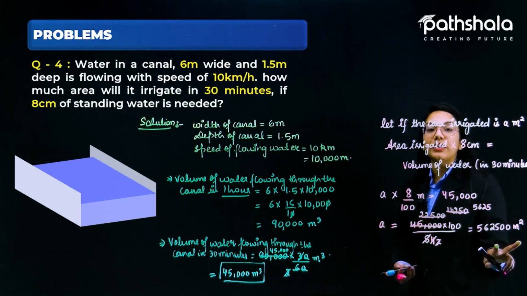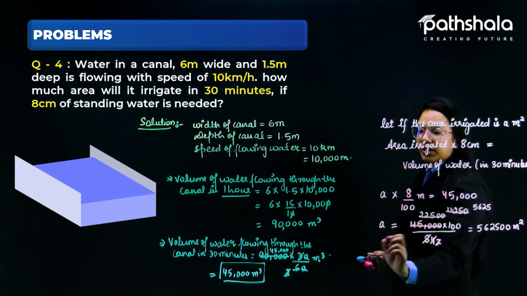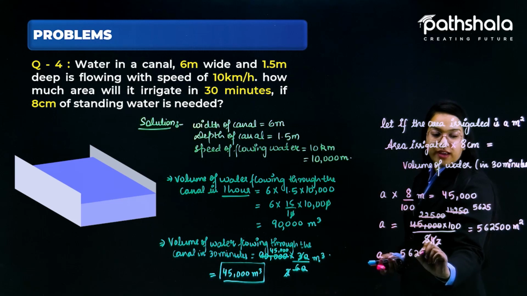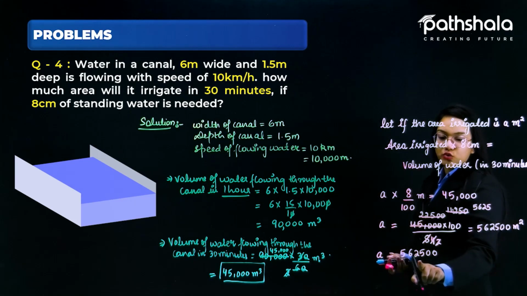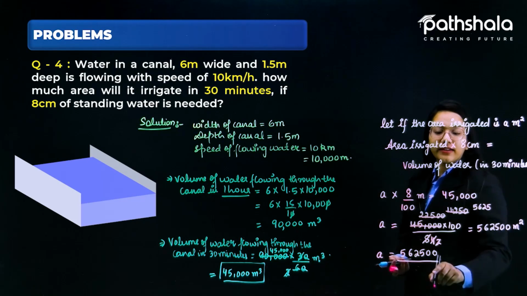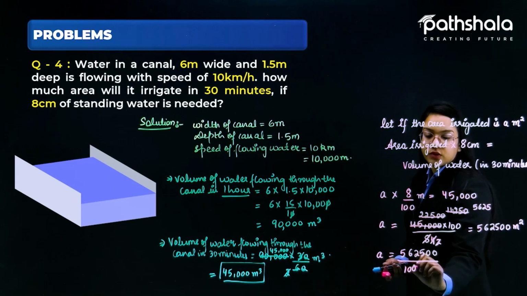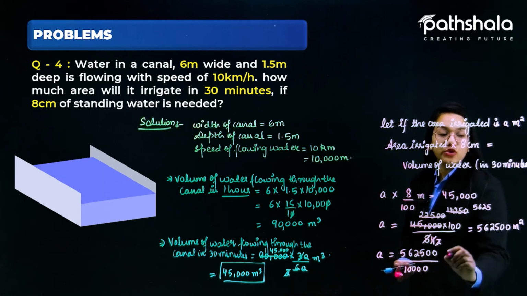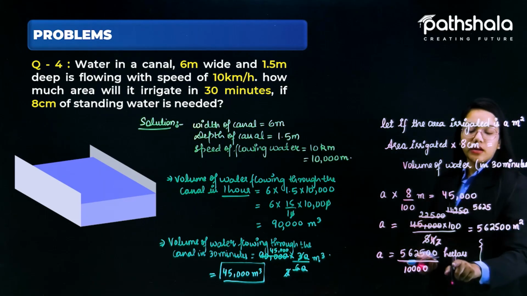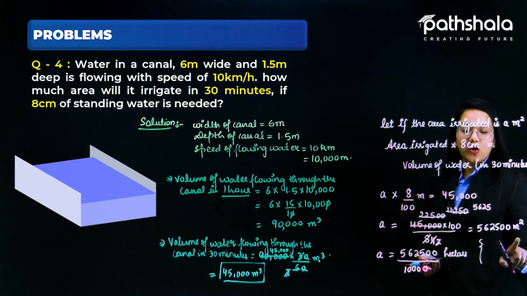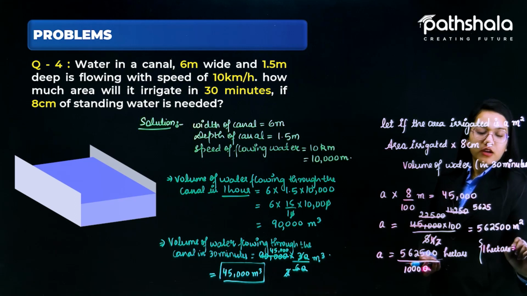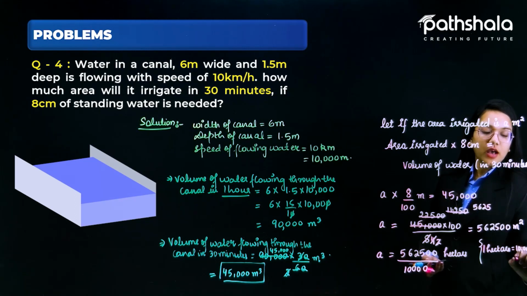You can also convert it into hectares. So A is equal to 562,500 divided by 10,000, because we know from the concept of hectares and meter square that 1 hectare is 10,000 meter square.